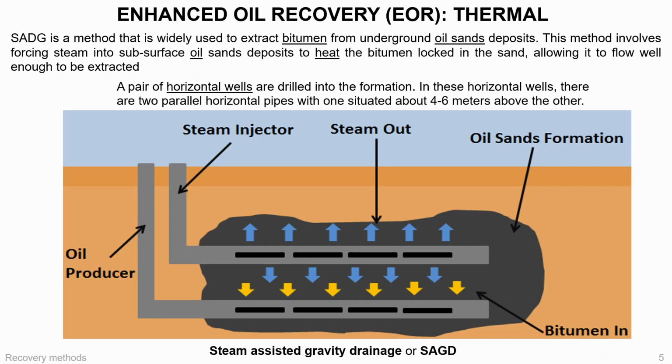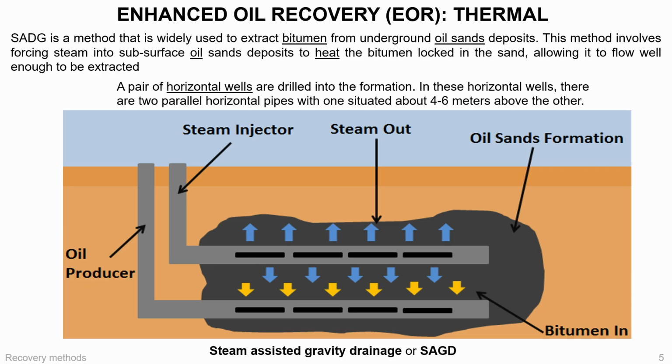This slide introduces steam-assisted gravity drainage, or SAGD, which is widely used in oil sands and very viscous bitumen reservoirs. The method uses a pair of horizontal wells, with the injector above and the producer below. Steam injected into the upper well heats the bitumen, reducing viscosity.